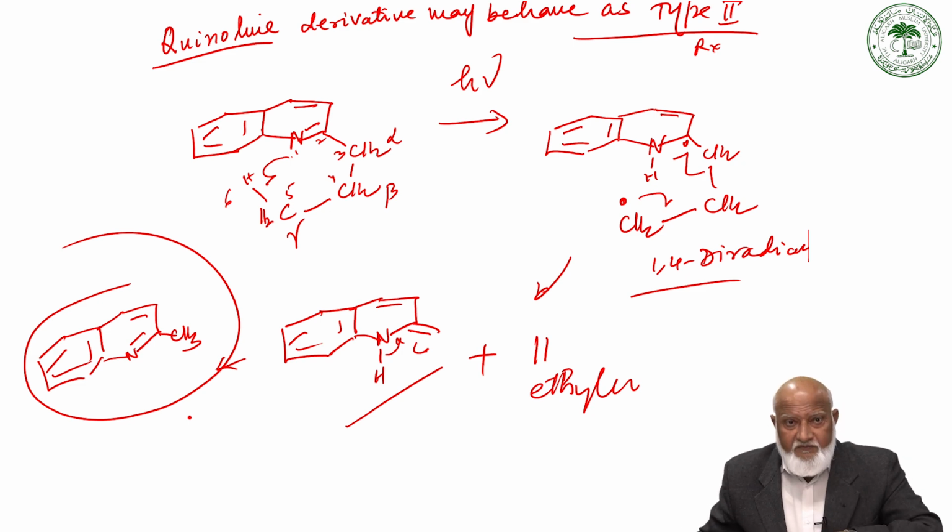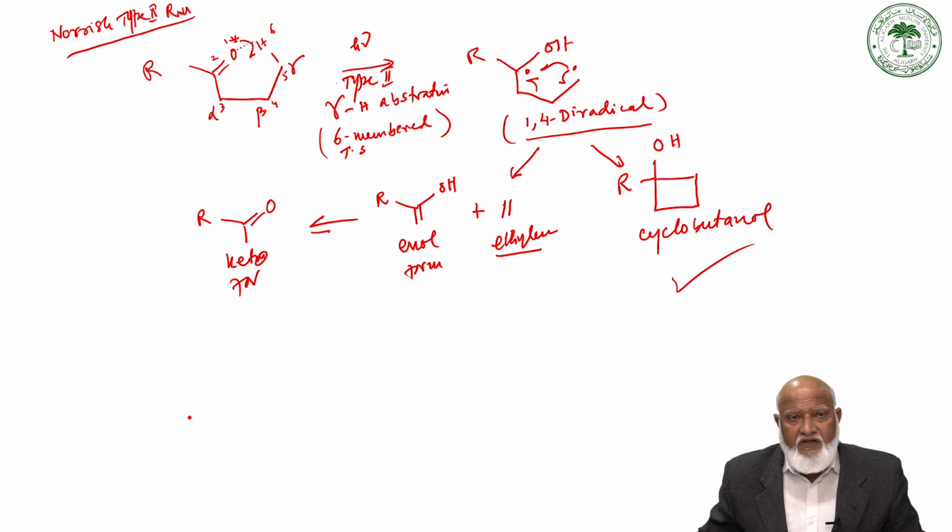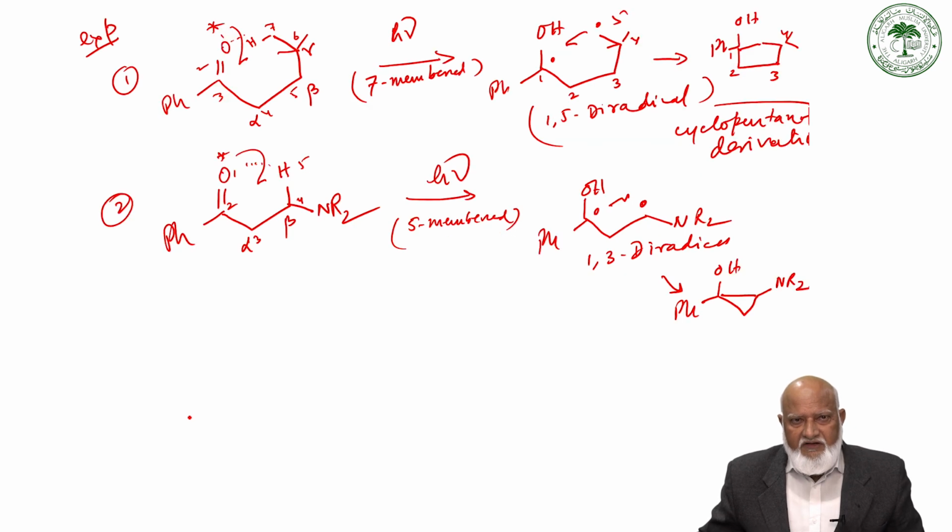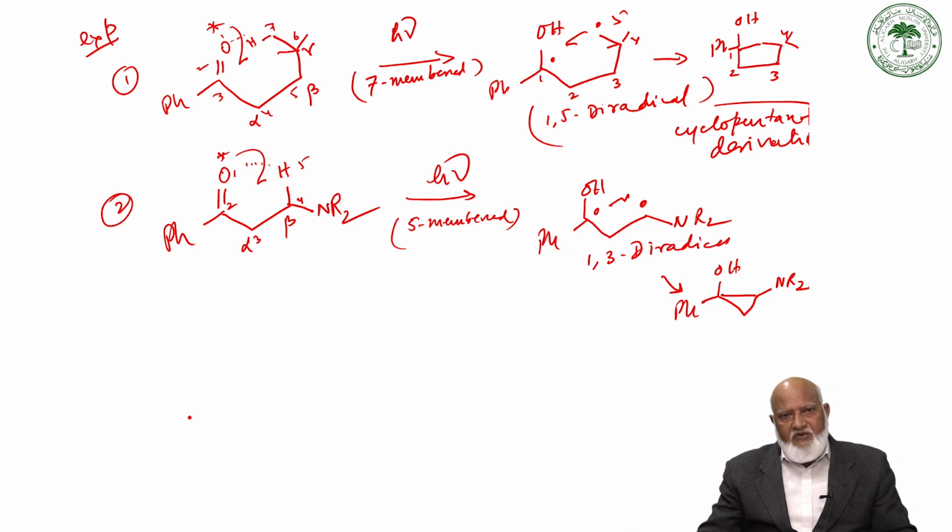So what we have discussed so far today is, first, the Norrish type 2 reaction giving rise to a 1,4 diradical through the formation of a 6-member transition state. The product is cyclobutanol. The second is when the gamma hydrogen is blocked, then the excited carbonyl may abstract the hydrogen atom next to the gamma hydrogen, that is the delta hydrogen, through the formation of a seven-membered ring system to generate a 1,4 diradical, and here the product is cyclopentanol.